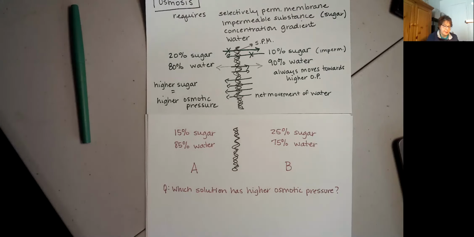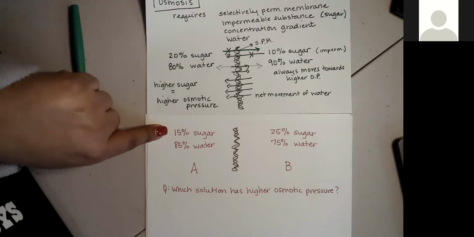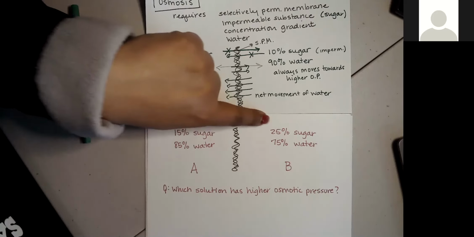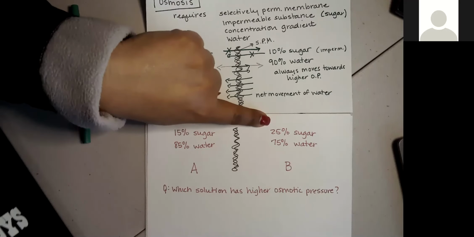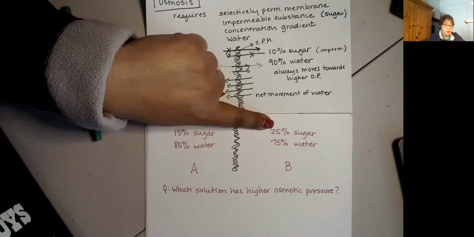Why did you answer B? Because in solution A, the sugar is 15%, and in solution B, the sugar is 25%. Okay, keep going.